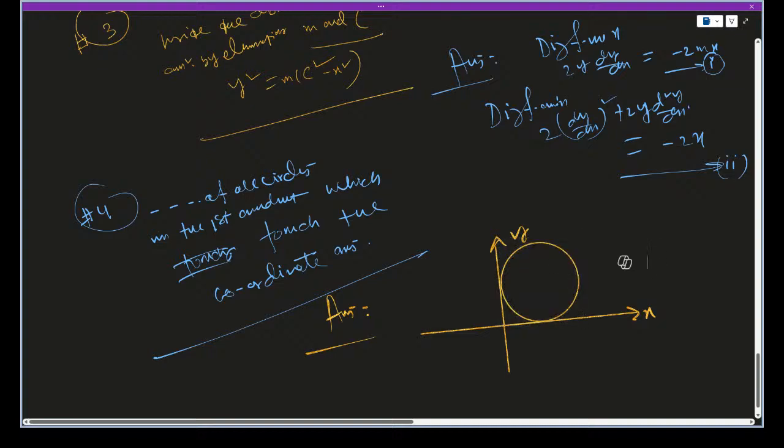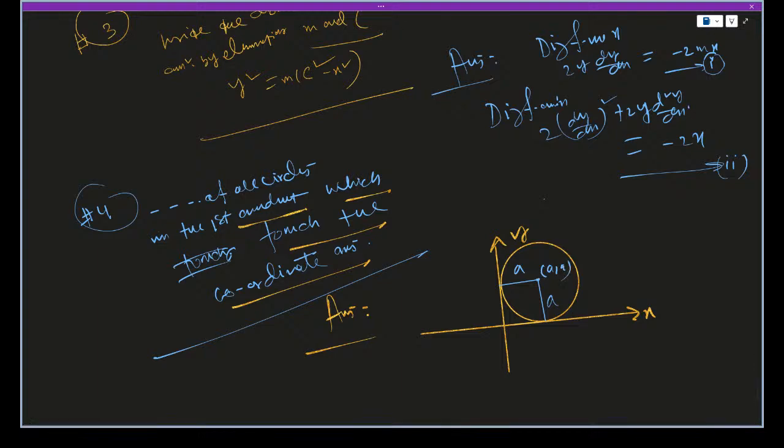No other information is given, only a circle touching the coordinate axes in the first quadrant. So from the center, if you draw a perpendicular, that is going to be the radius. Let the radius be a, so the center will be (a, a). Clear?